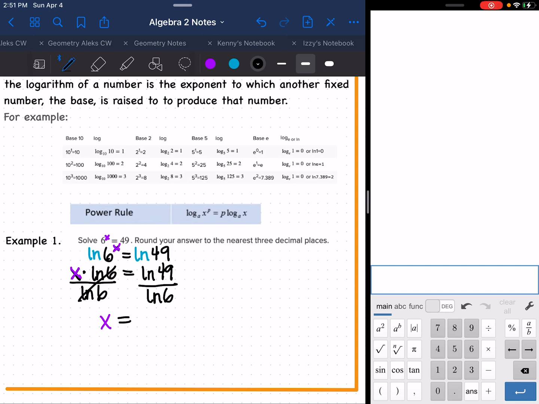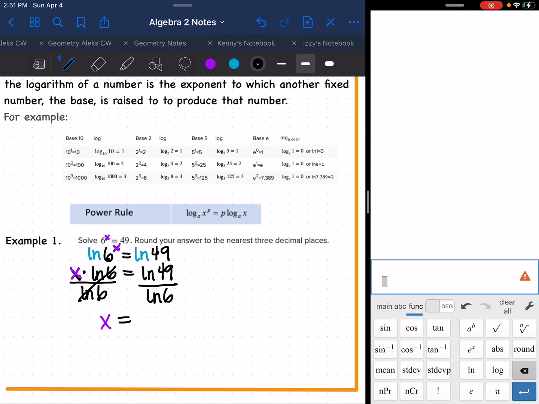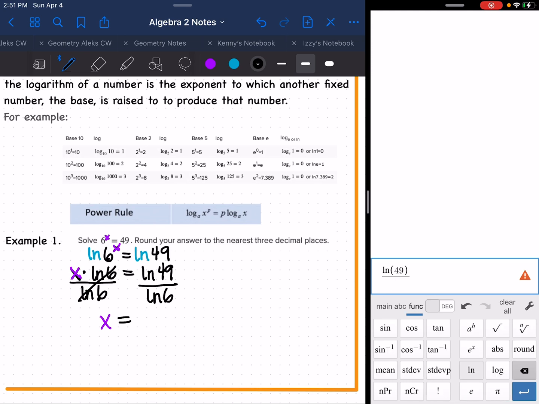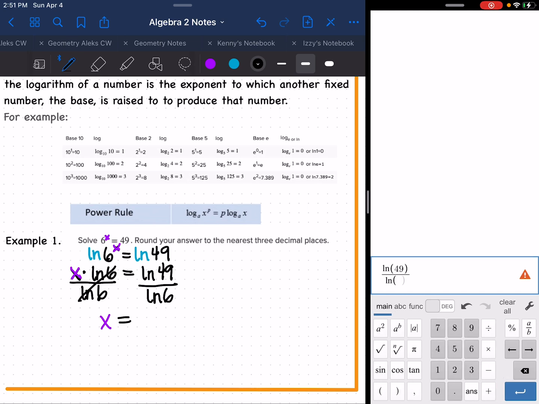Now you could use the A divided by B button that's right underneath the wrench. Remember, in the functions button is where you will find the natural log. And then you just start entering. You do not need to close the parentheses. As you can tell, it didn't make any difference when I did. But there we go. There's our answer.